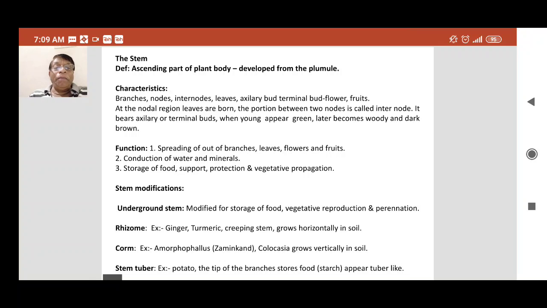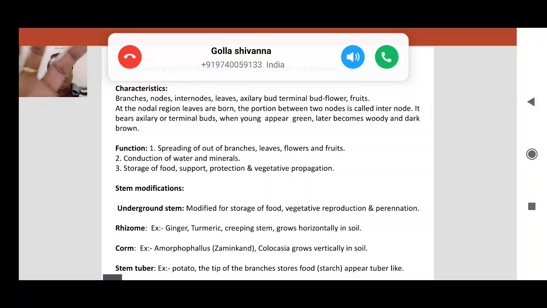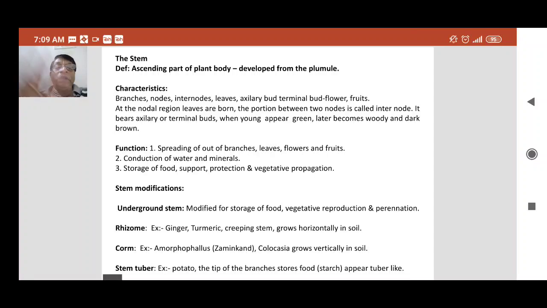Stem may be modified for the storage of food, or for protection, or to give support, or for vegetative reproduction, etc.